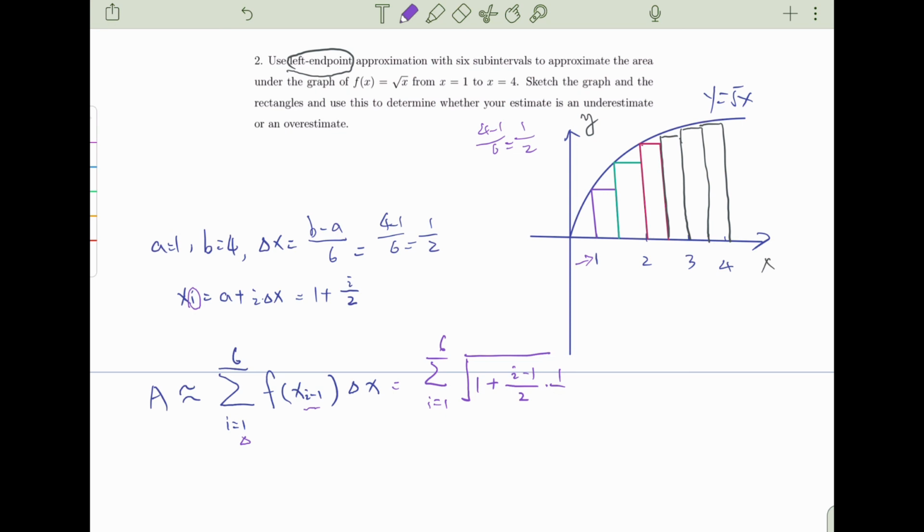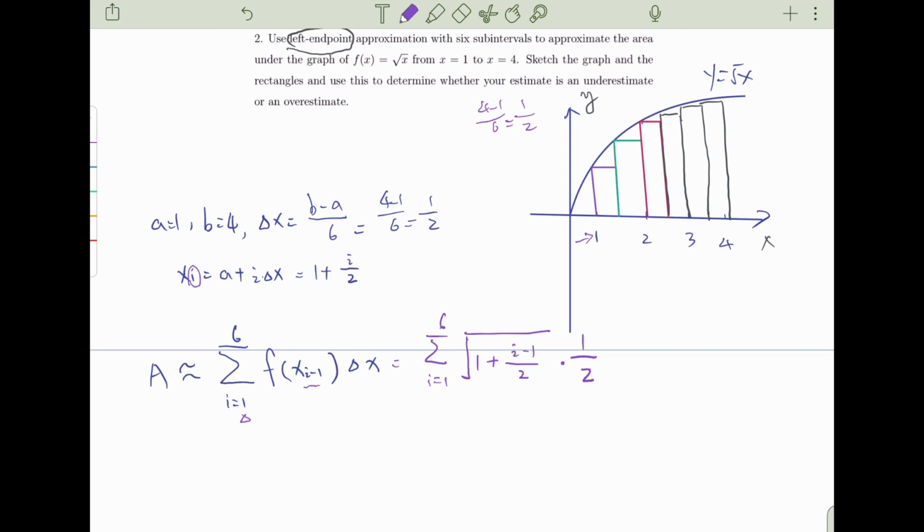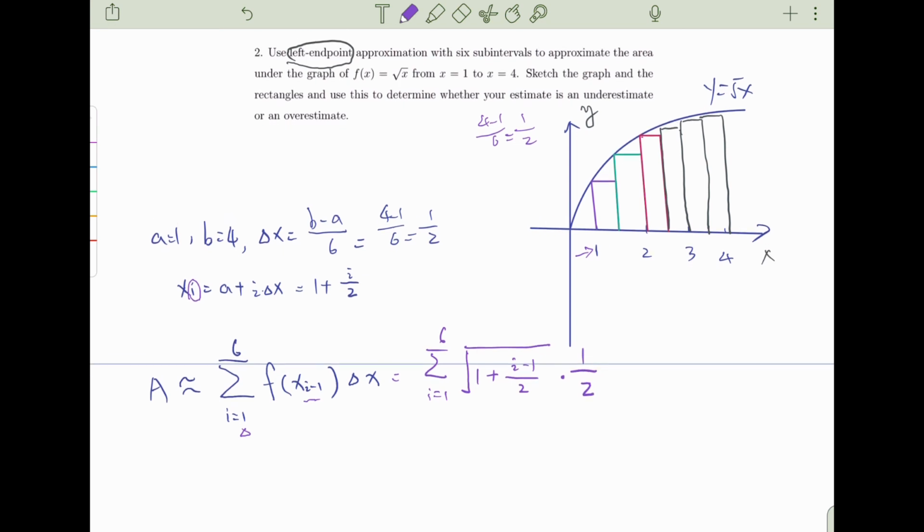The 1 over 2 is from the outside. One over 2 is the length of the interval. Right? So this thing is the x_{i-1}.